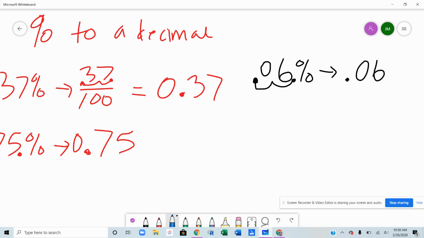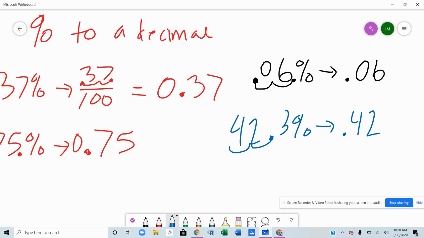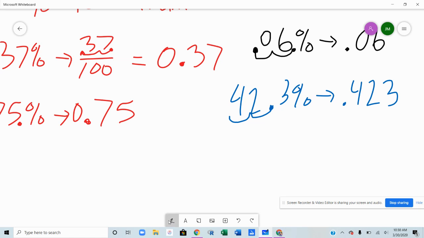What if I said 42.3% as a decimal? Well, take your decimal in its current location, move it 2 places to the left, which gives you 0.423. Last one, hopefully you're starting to get the hang of this.